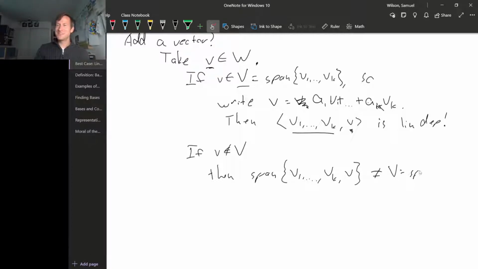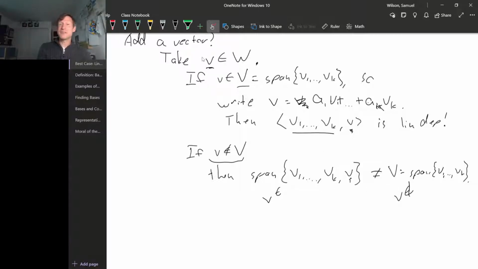Remember, big V is the span of v1 through vk. So how can we see that these aren't the same? Well, little v is in this one, clearly, because little v is in this spanning set, but little v isn't in capital V. Why not? Well, because we're checking the case when little v isn't in big V. So in this case, v1 through vk and v together don't span the same set, right?